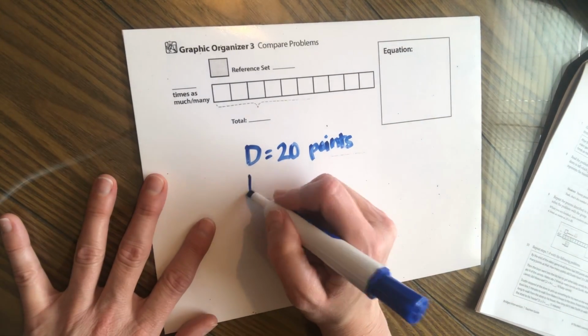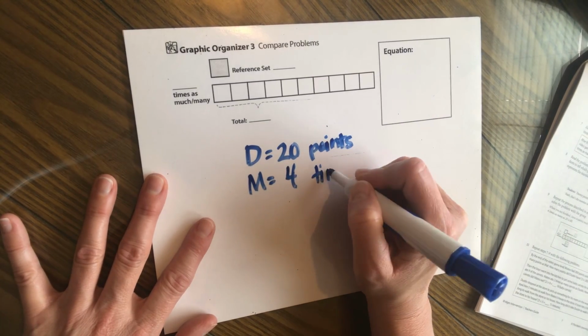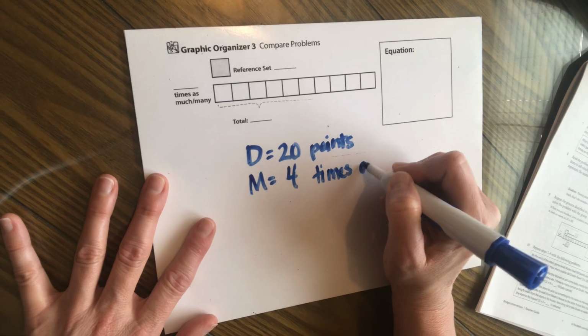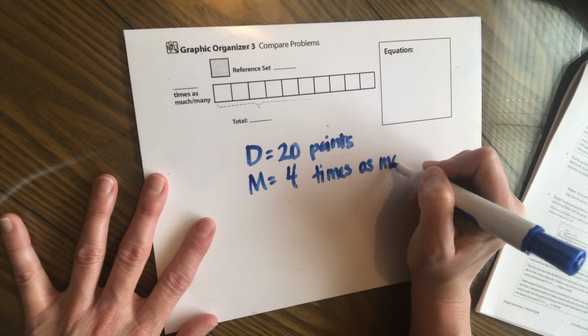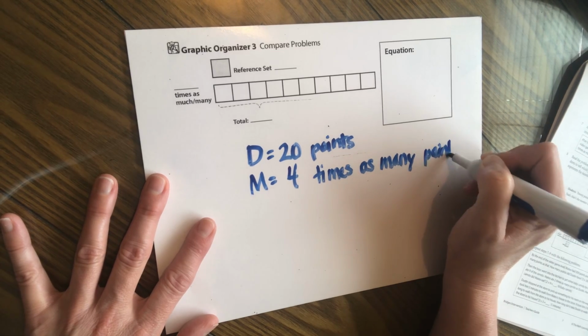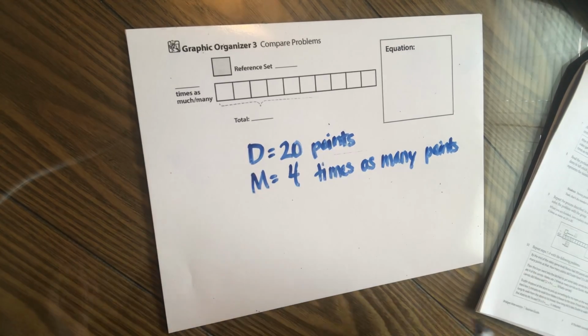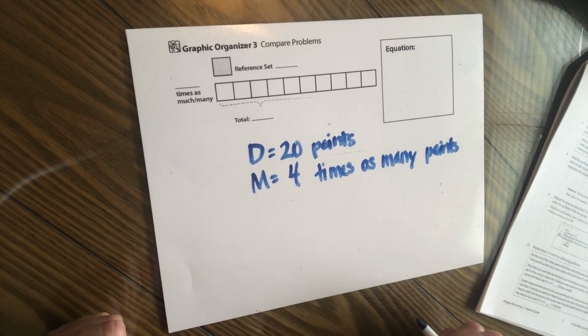Mateo, I'm going to put M for Mateo, had 4 times as many points as that. So that's what we're talking about. How many points did Mateo have?